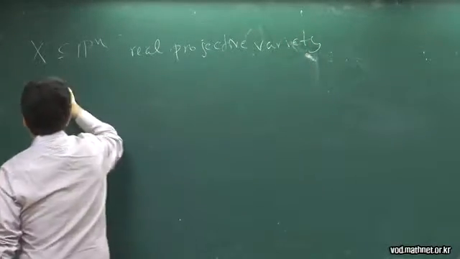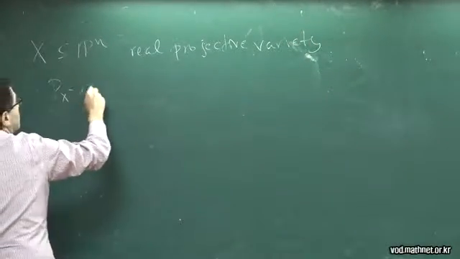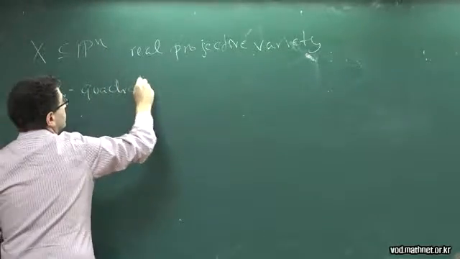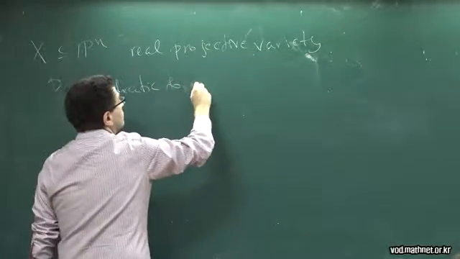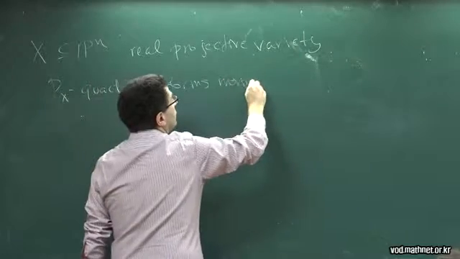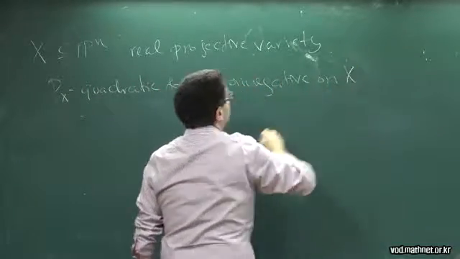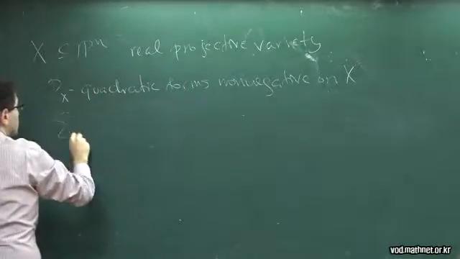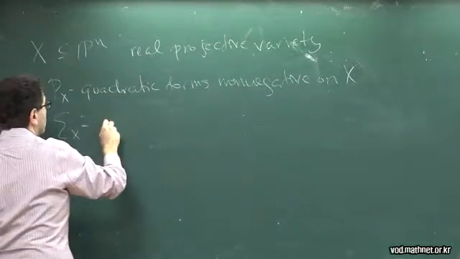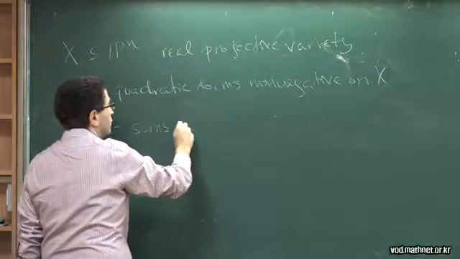And then I said, so P sub x will be quadratic forms non-negative on x, and sigma x are sums of squares of linear forms.